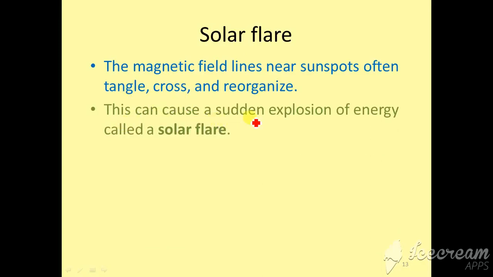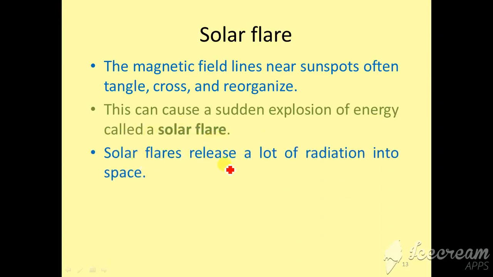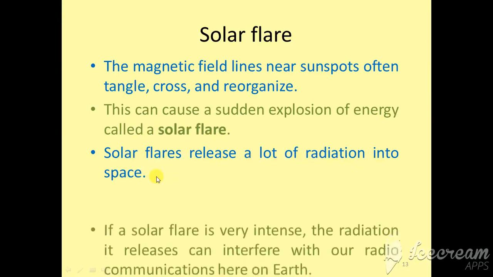This can cause a sudden explosion of energy called a solar flare. I have already told you that when the magnetic field lines tangle strongly, they can explode and cause the solar flare. The solar flares release a lot of radiation into space.